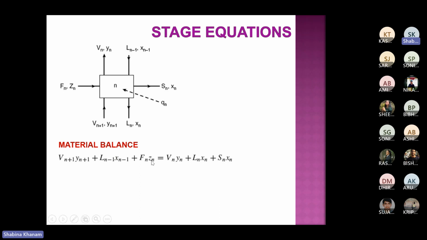Zn is the fraction of the feed. These streams are entering, these streams are exiting, so simply you need to make the component balance. This is all revision; I believe you already know all this and have read it, but we will develop from here.